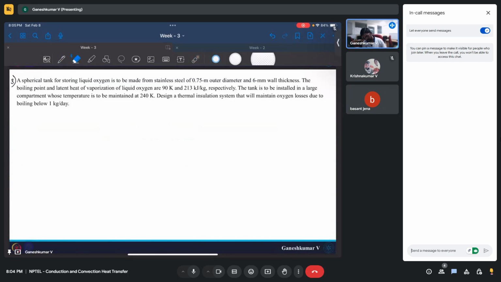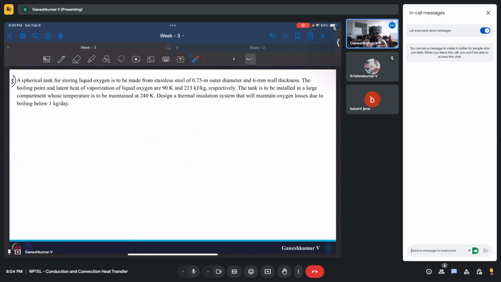Finally, we have arrived at a spherical tank problem, and this is interesting because it is used in the space shuttle. A spherical tank is used for storing liquid oxygen. It is to be made from stainless steel of 0.795 meter outer diameter and 6 mm wall thickness.